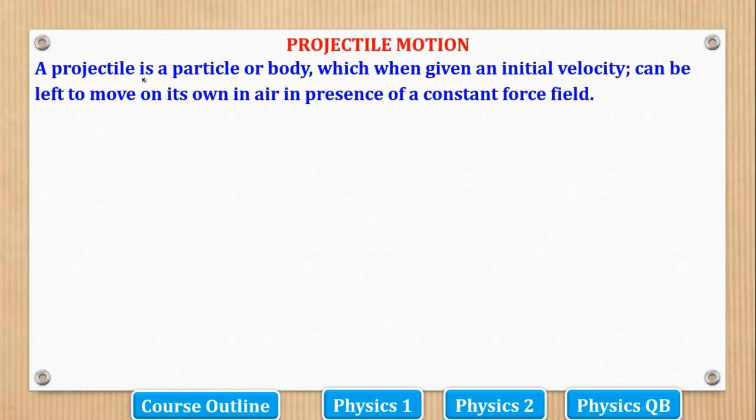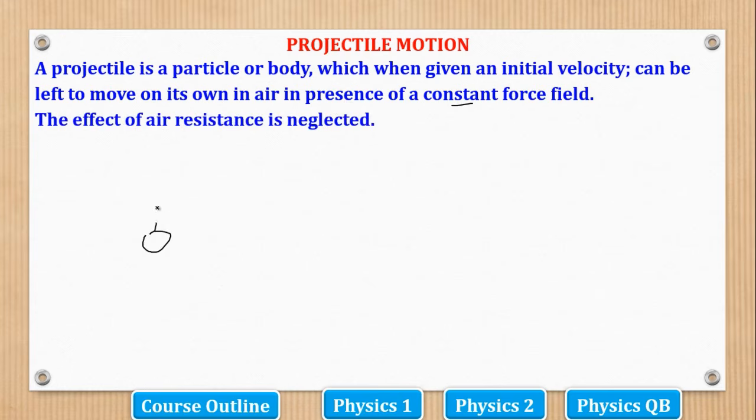A projectile is a particle or body which, when given an initial velocity, can be left to move on its own in air in the presence of a constant force field. In such a motion, just like we considered under vertical motion under gravity, the effect of air resistance is neglected.